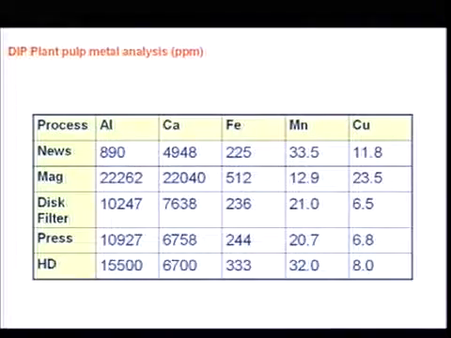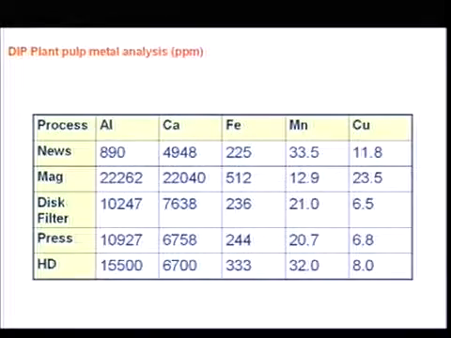Iron or manganese, these are the two chemicals you need to watch for peroxide and hydrosulfide bleaching, and copper. If you look at magazine, look at that aluminum content. That is because of clay present in magazine, aluminum silicate. And also a higher amount of calcium carbonate present in magazine, you have calcium content way high in ppm. Iron level is very high. So you can see magazine contributes quite a lot to the metals.